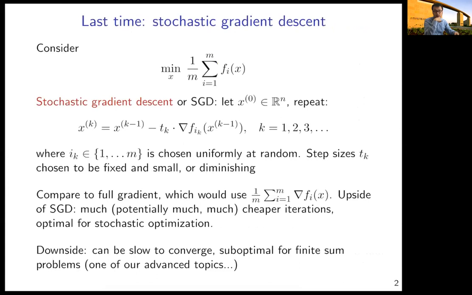Last time we talked about stochastic gradient methods and stochastic subgradient methods. In particular, we considered the optimization problem of this form that's typically seen in the context of machine learning when you're doing empirical risk minimization, where these f_i are surrogate losses for, say, classification of the i-th data point.